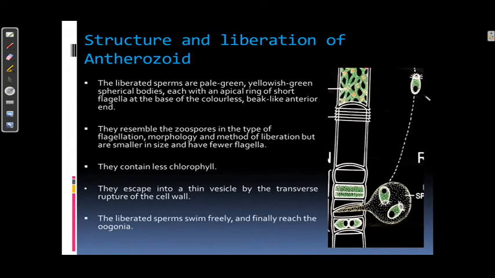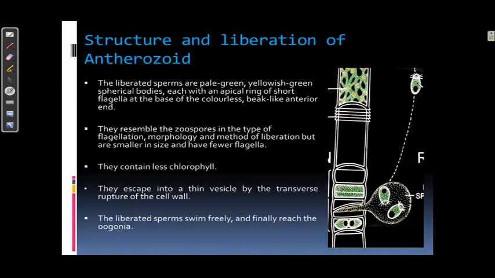Each antherozoid is pale green or yellowish green in color, either spherical or pear-shaped, and bears a ring of apical flagella on its anterior end just below the colorless beak. So they resemble the zoospore.